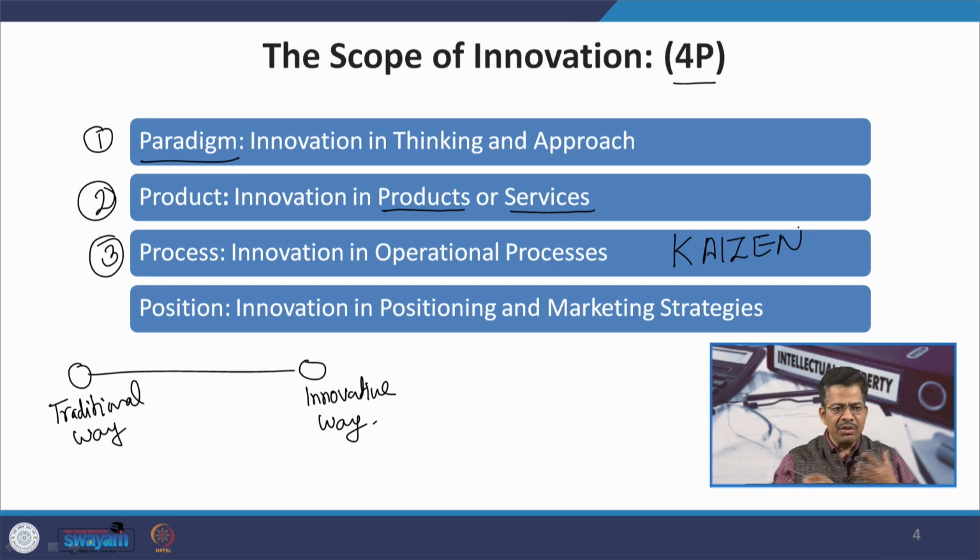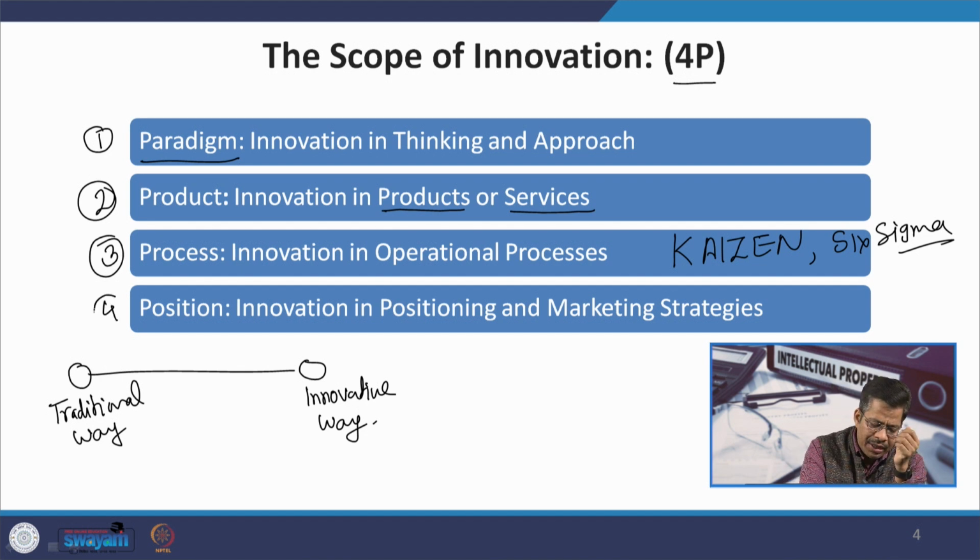So, a lot of continuous improvement activities. In fact, I will go one step ahead. I can say that even in Six Sigma, we do a lot of improvement in the operational processes, and all that is another very important scope of innovation, process innovation.